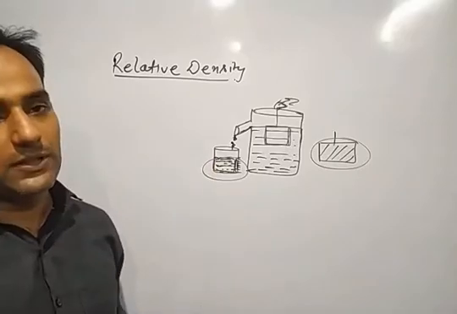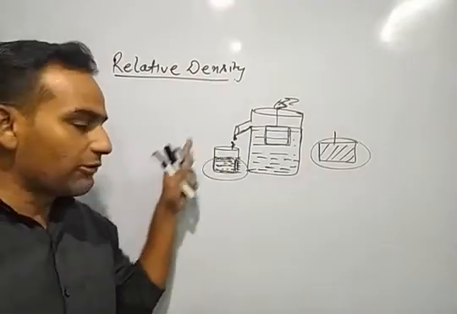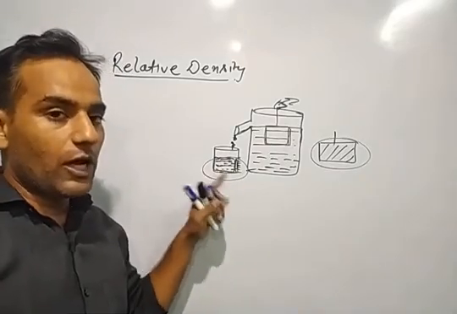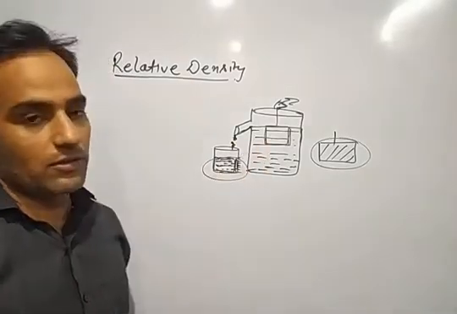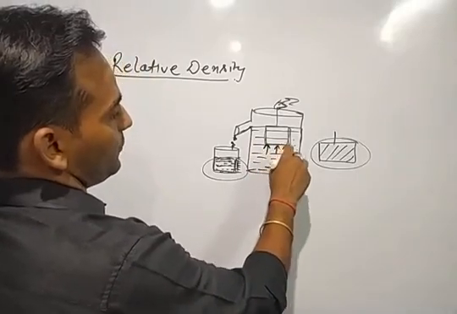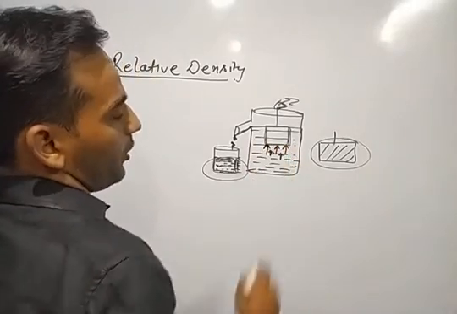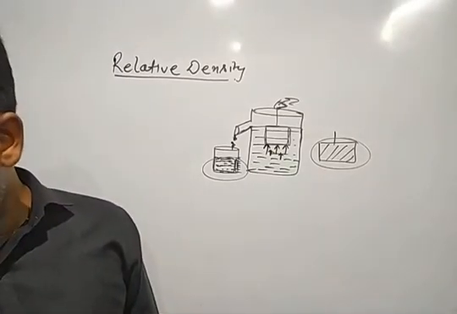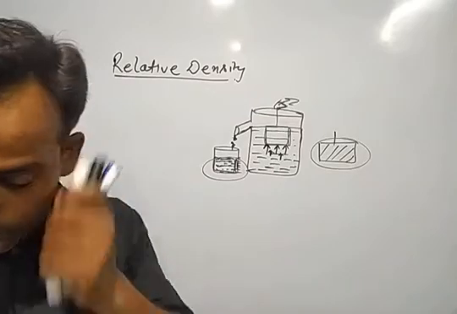And one more thing is there. The weight of this liquid will be equal to the upthrust force applied on the object. As we all know, water applies an upthrust force on the object which we submerge. So let me read out the definition from the book for you.